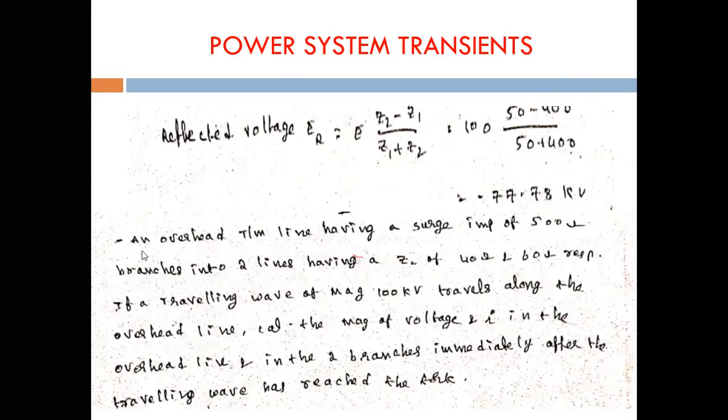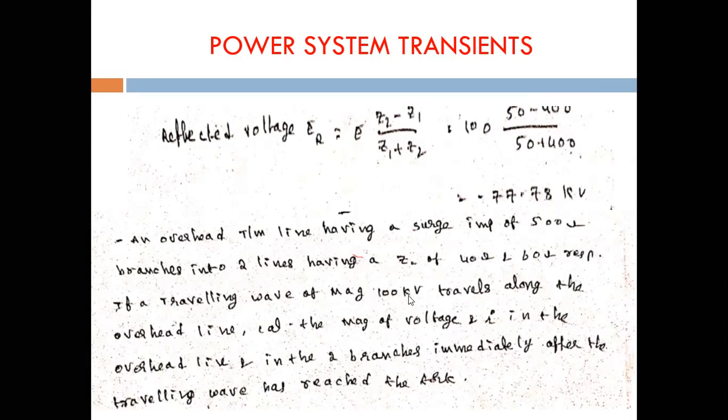Next, coming to the next problem: an overhead transmission line having a surge impedance of 500 ohms branches into 2 lines having impedances of 40 ohms and 60 ohms, that is Z1 and Z2 respectively.